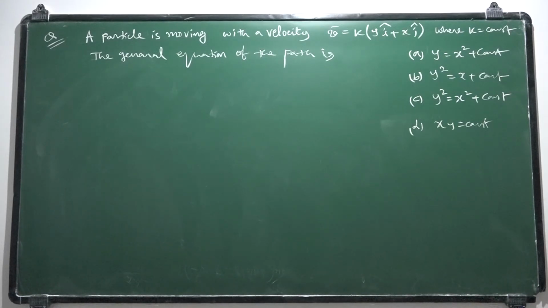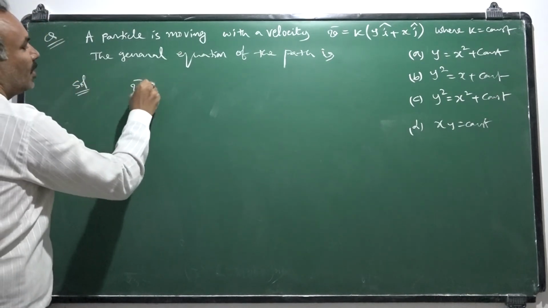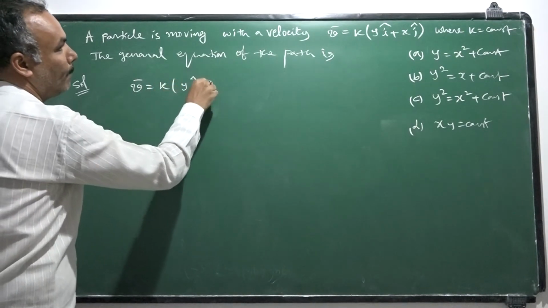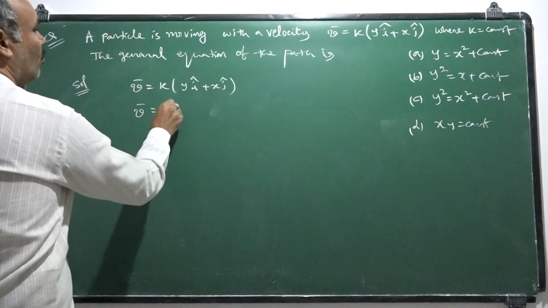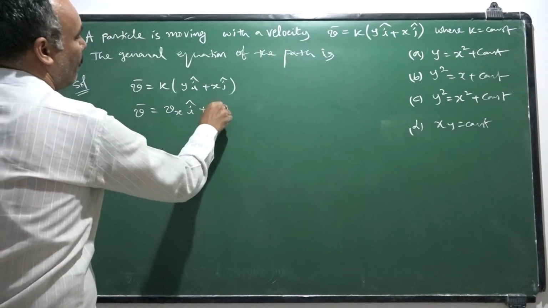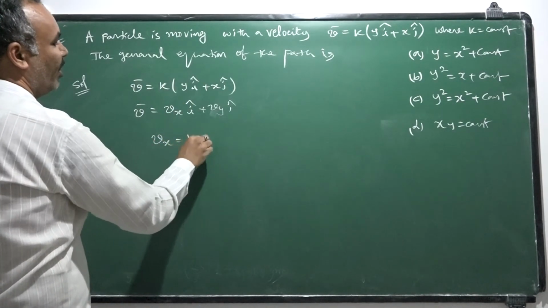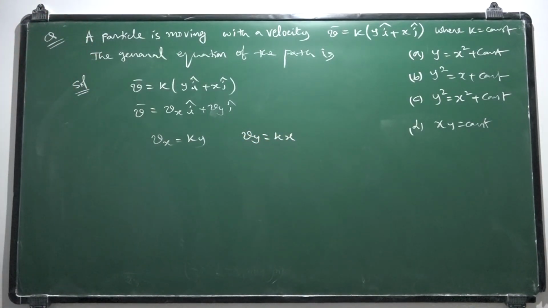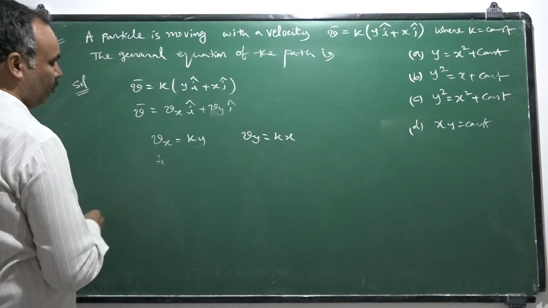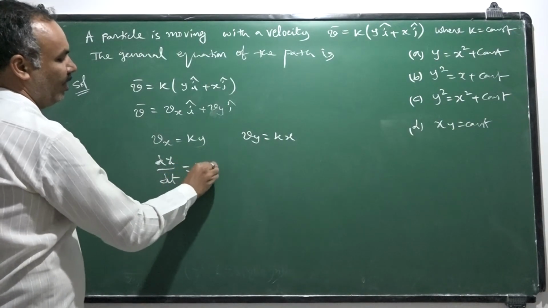Solution is simple. Given that velocity of the particle is k into y i cap plus x j cap. This is the thing given to us. Generally, velocity vector can have two components, vx i cap, vy j cap. If you compare this, vx is equal to ky, vy is equal to kx. Vx means velocity in x direction, nothing but derivative of x with respect to t is equal to ky.